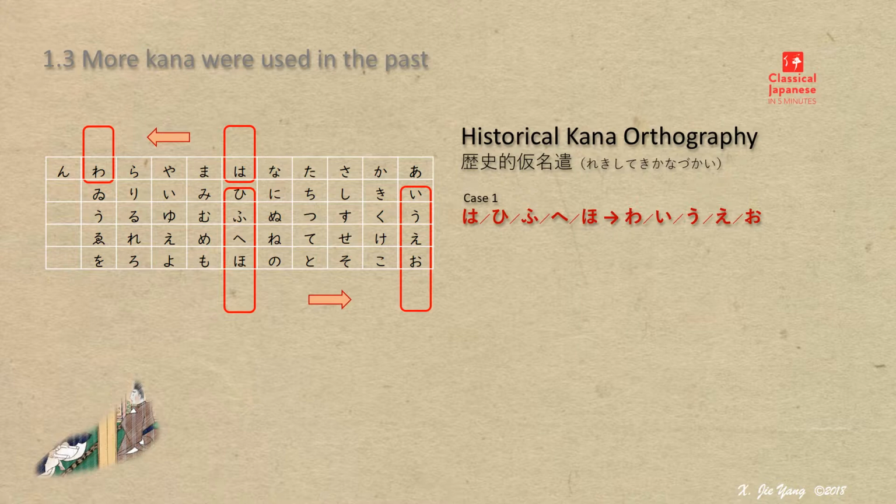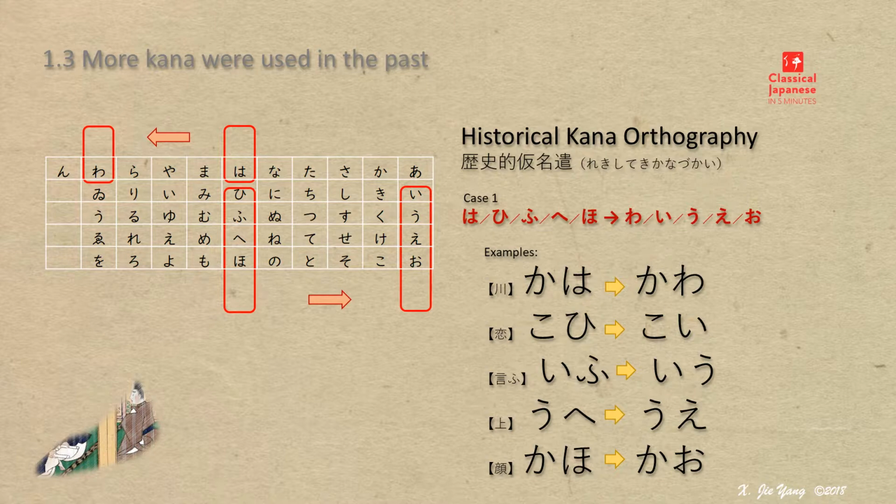They were written in the Hagyo kana. Examples are kawa, koi, yu, we, kao. There are a large number of words in this group. Obviously, we do not pronounce these words like the old time anymore, and the exact pronunciation has been lost forever.